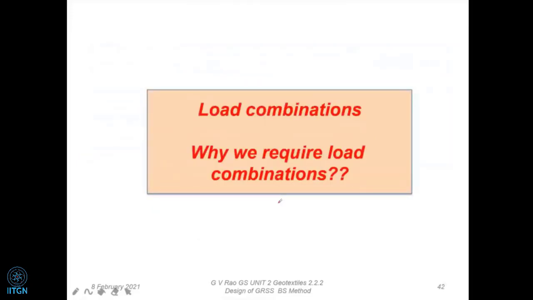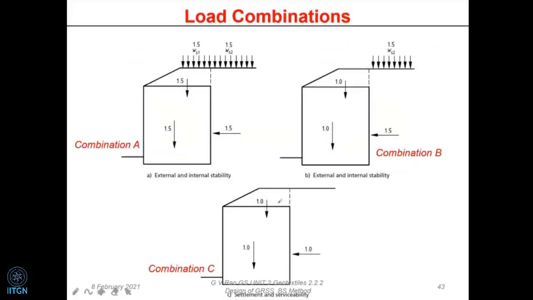Okay, so for doing this, we don't have one single way of doing it. We have seen already the three load combinations prescribed. In the first combination, each of these, one is the self weight, another is the sloping surcharge, another is uniformly distributed load, all of them have got a factor of 1.5. Of course, for walls and normally for abutments also. And there is another combination wherein we keep these two, surcharge and the self weight of the reinforced soil block, as one only.